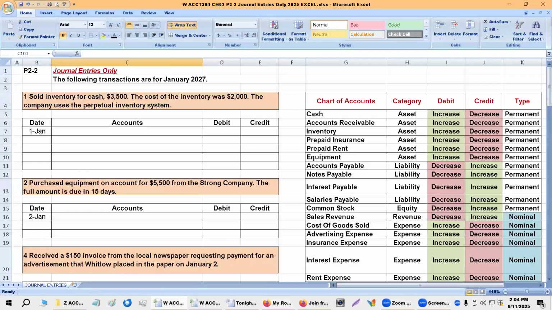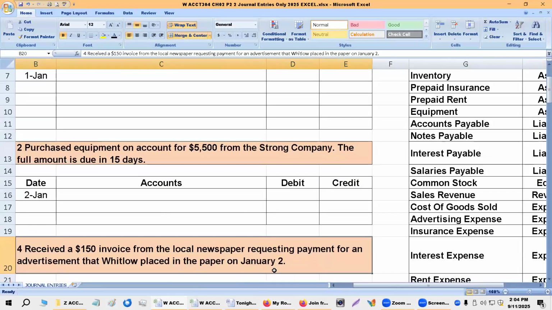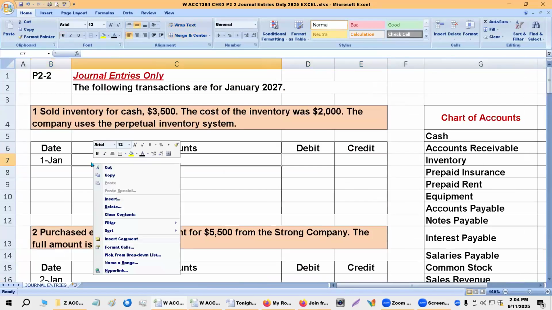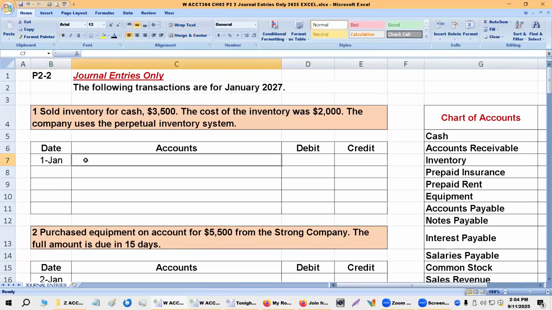Okay, so let's go to the first one. Sold inventory for cash for 3,500, and the cost of the inventory was 2,000. Anyone have the journal entry for that one?